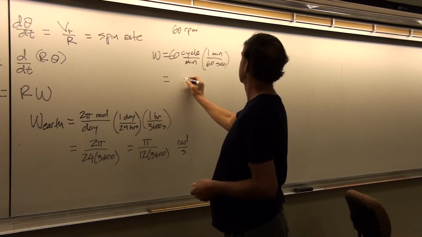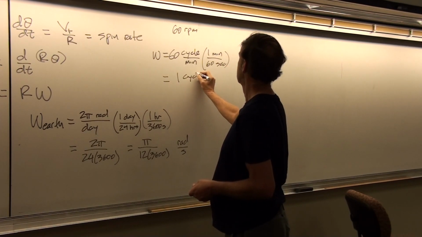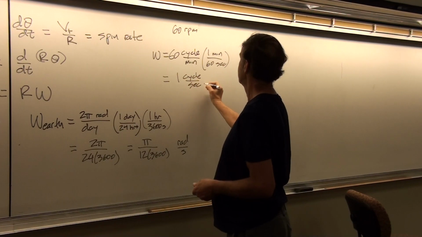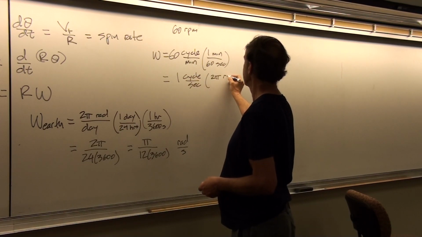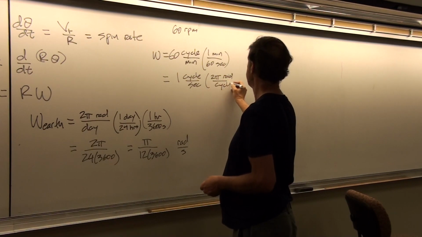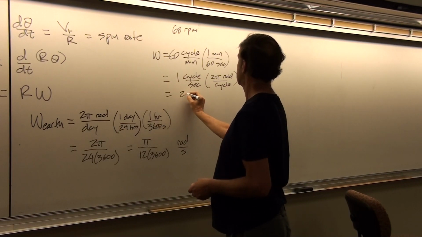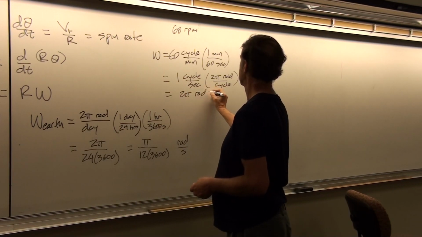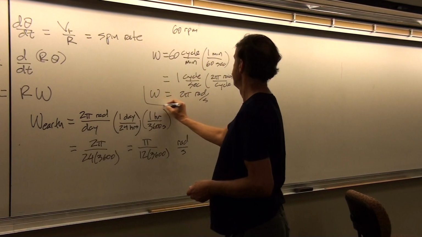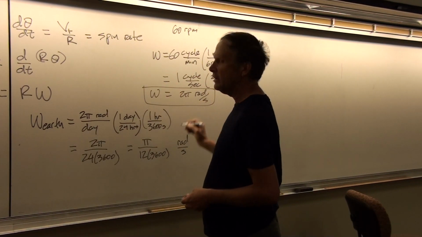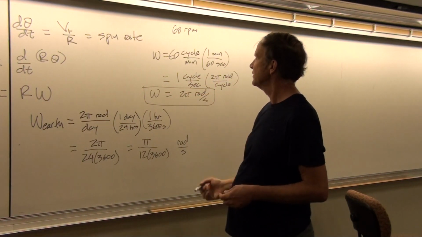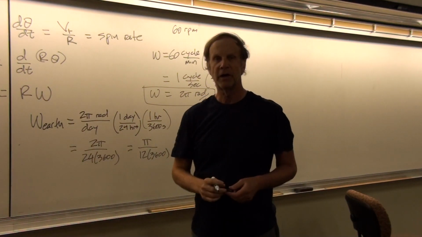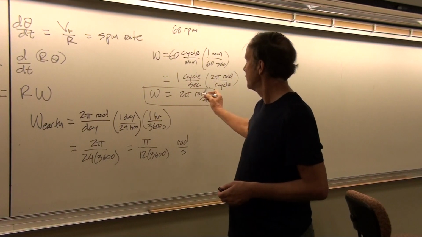And so that gives us 1 cycle per second. That's still not quite right because we have to convert to radians. So that's 2 pi radians per cycle. And so that gives us 2 pi radians per second for omega. Okay, so 1 cycle per second, or 60 RPM, that's all just another way of saying 2 pi radians per second. But this is our preferred units.